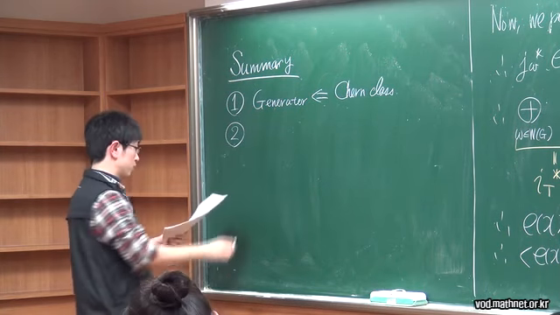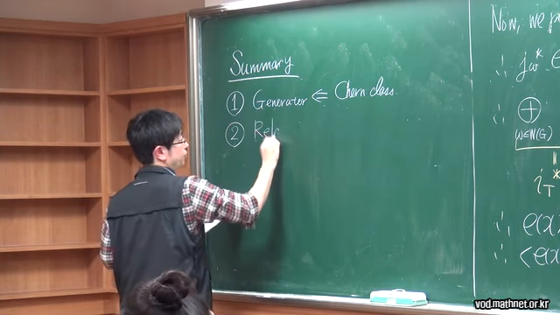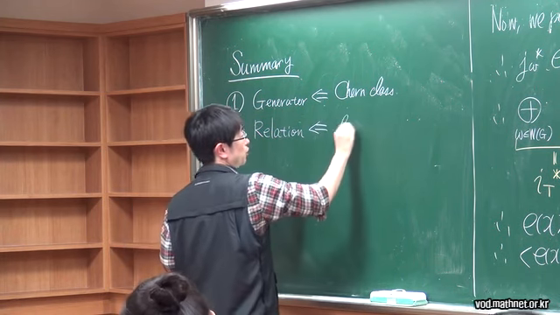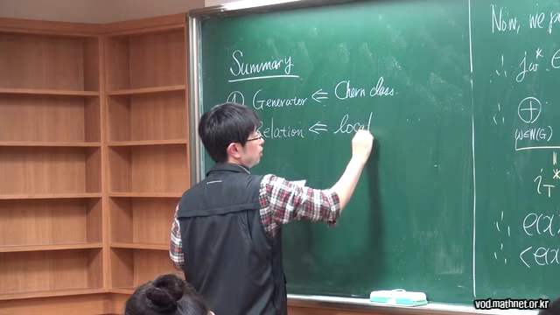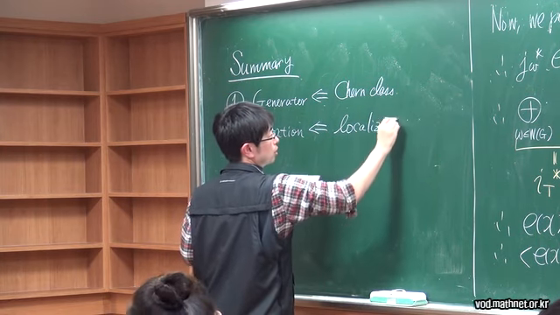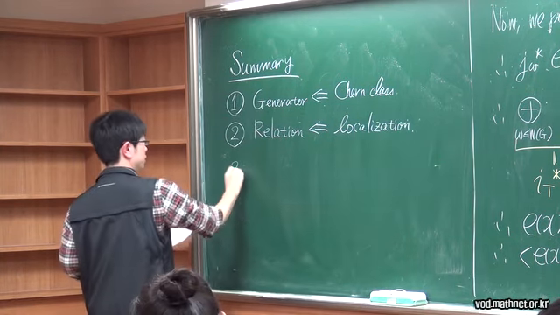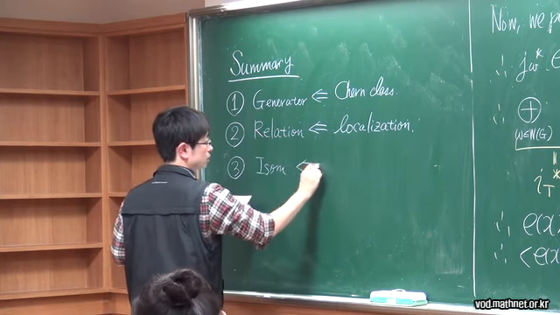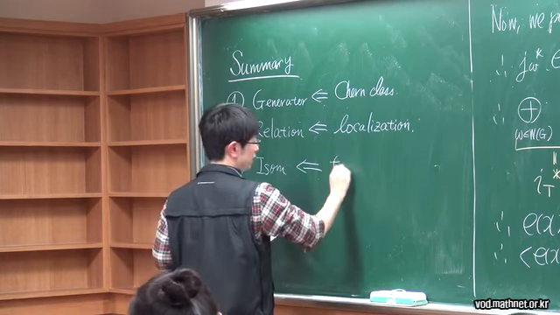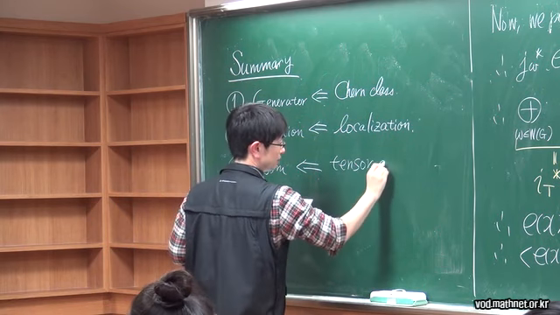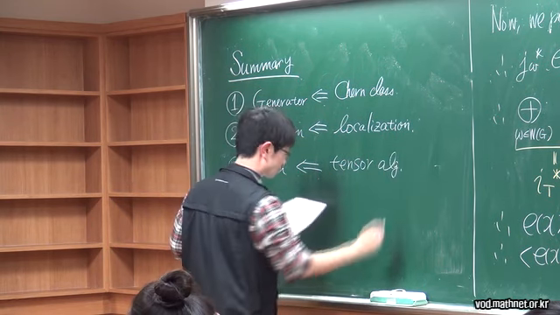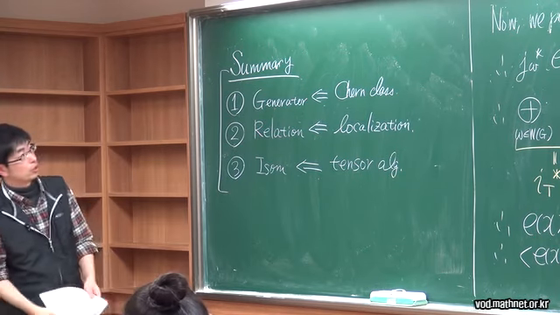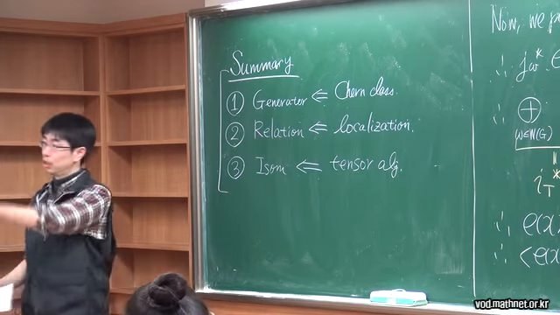And for the relations, we use localization. Using localization, we get this kind of relations. And in the third step, to get an isomorphism, we use just tensor algebraic arguments. Okay, so this is a summary of how to prove this kind of equivariant cohomology.